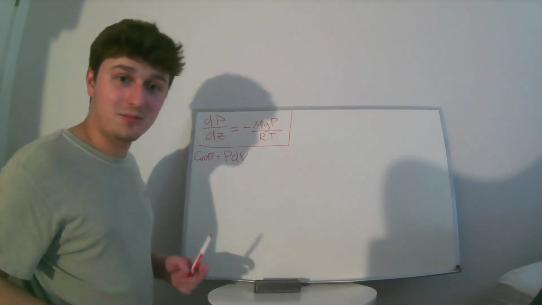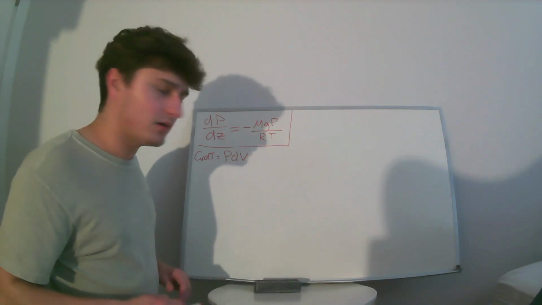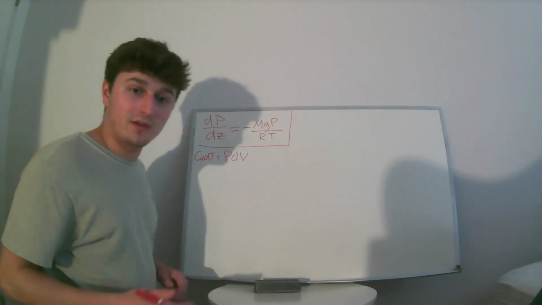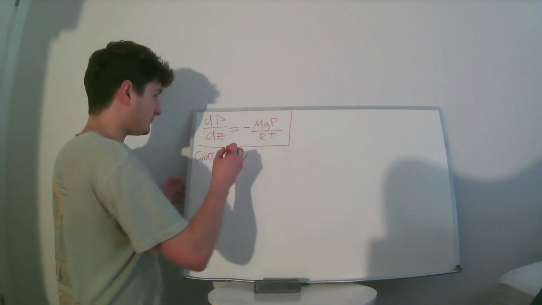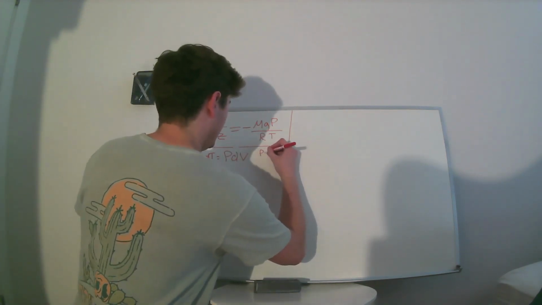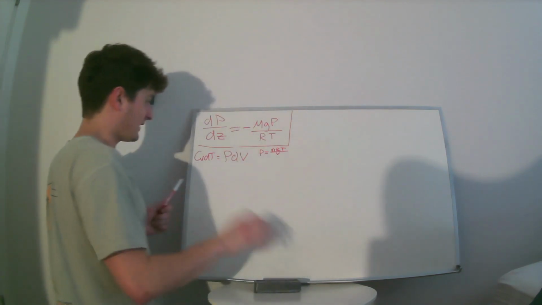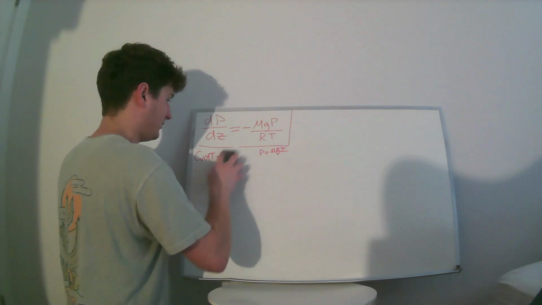All right, we're starting to look pretty good. We're getting somewhere. So what can we do with this now? Well, we do, again, know what P is equal to. P is going to be equal to nRT over V. So we can just substitute that in.